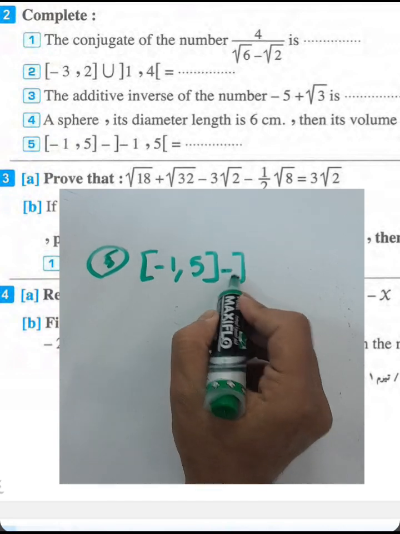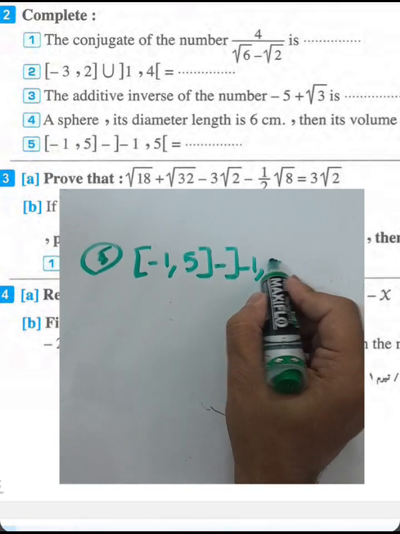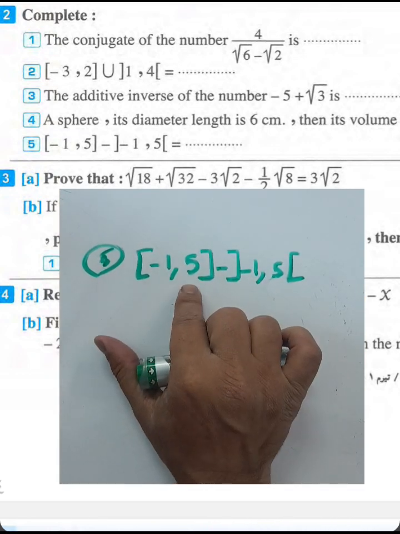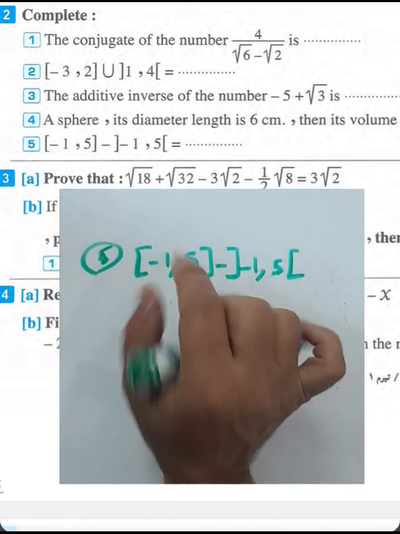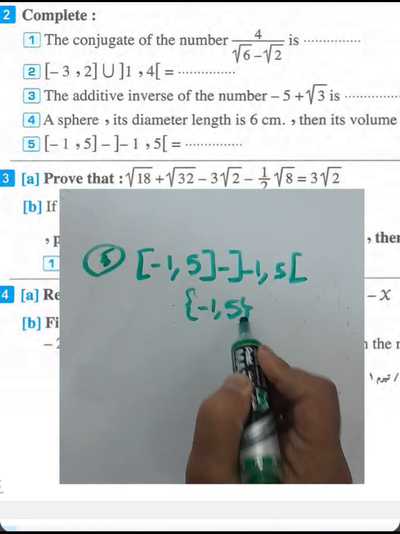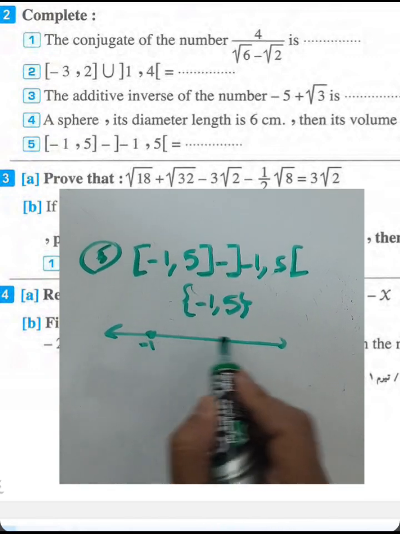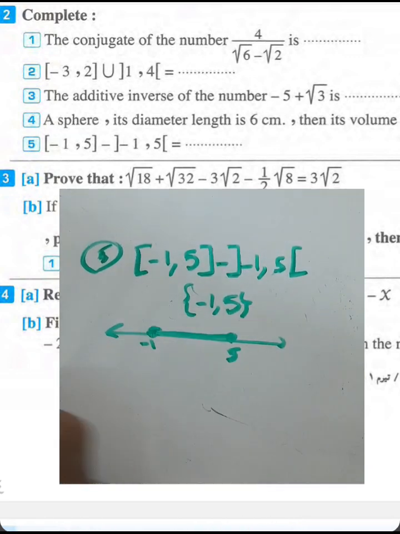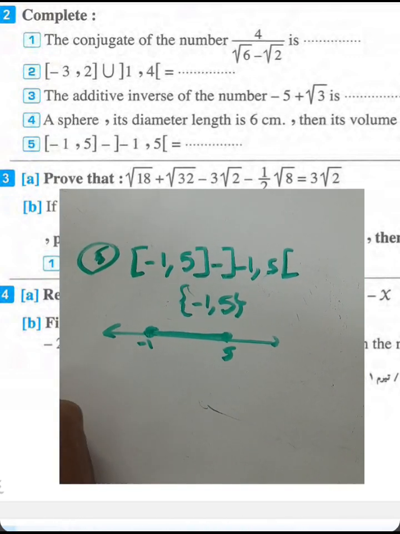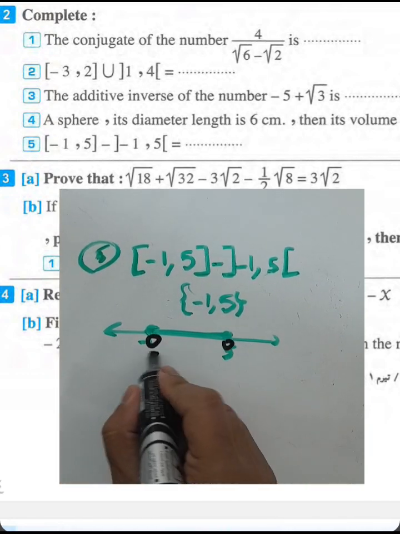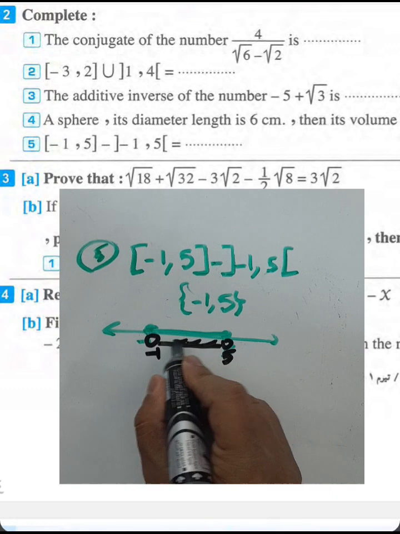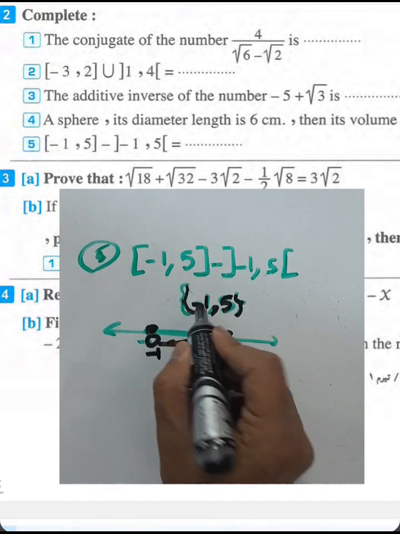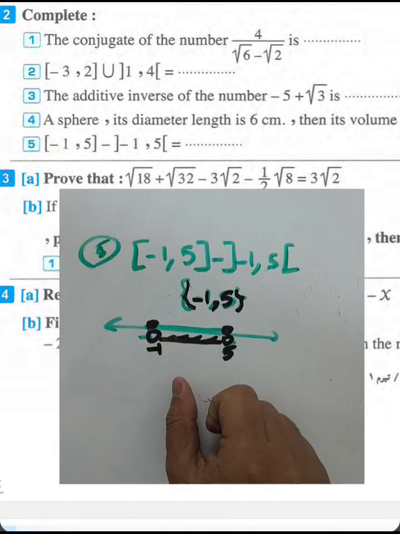Cancel this open interval, so the result here is the points -1 and 5. It's the result of this example. The solution will be the set of -1 and 5.